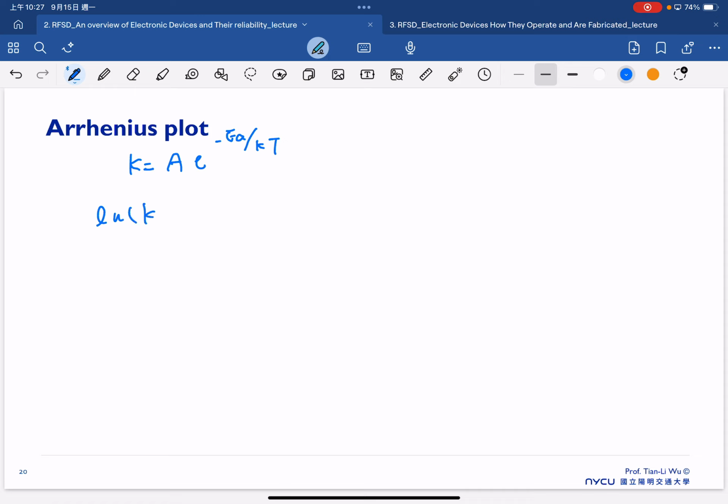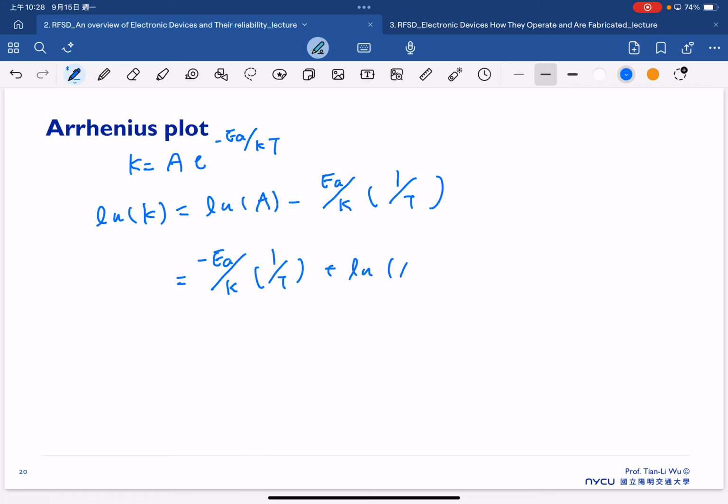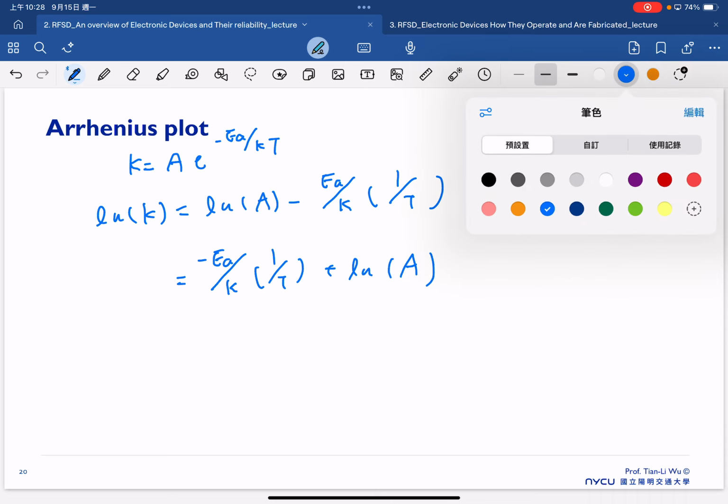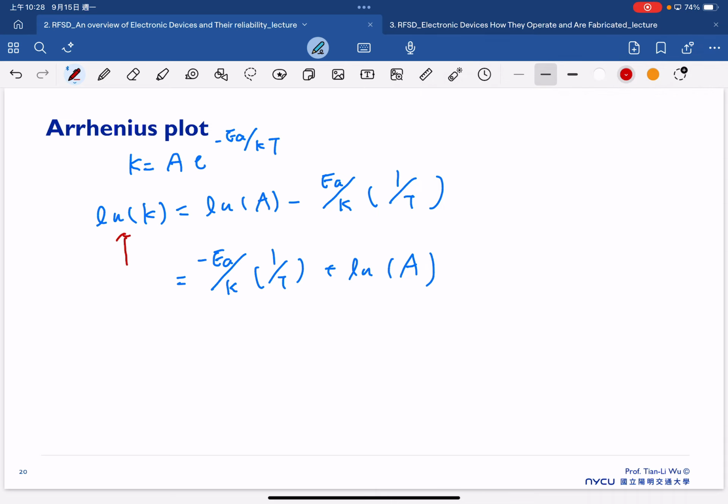So we have ln k equal to ln A minus EA over k times 1 over T. Rearranging, it is minus EA over k times 1 over T plus ln A. Now we put ln k as the y, which is equal to a linear function mx plus b, and we put the x-axis as 1 over T.